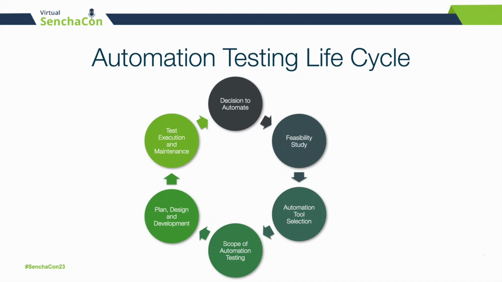Once we decide to automate, we move on to the next stage, feasibility study. Here, we consider multiple automation tools and validate against our application under test. We'll verify how far it is capable of capturing the UI element and play around with it.